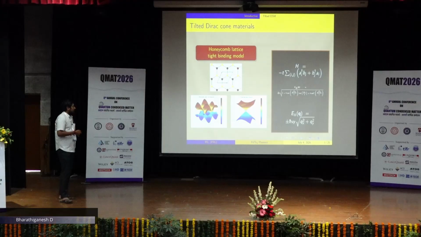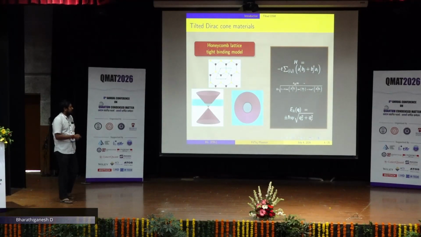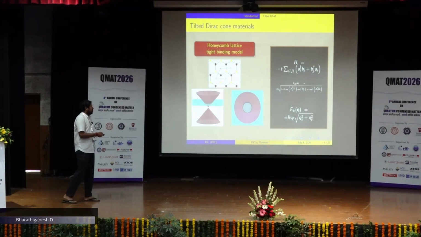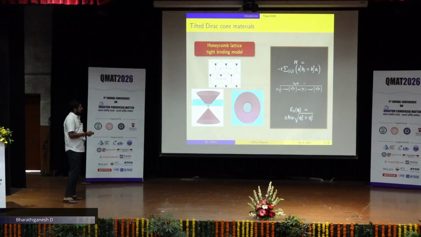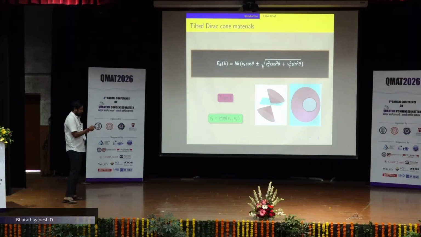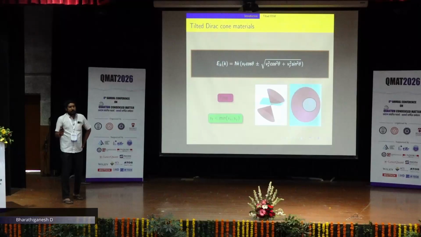That leads to an extra term in the eigenvalues. This is the tilt term, with a tilt velocity, and there are different ways of modeling this tilt, and different origins of this tilt.